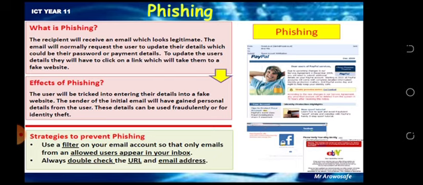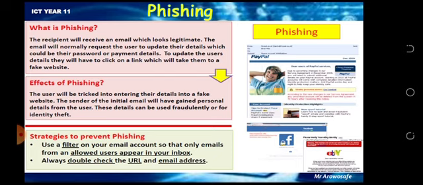Now, what are the strategies used to prevent phishing? I have just two here. Use a filter on your email account so that only emails from allowed users appear in your inbox, so that you will not be getting unnecessary email from unknown persons.